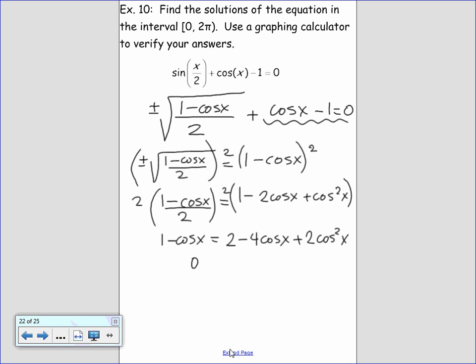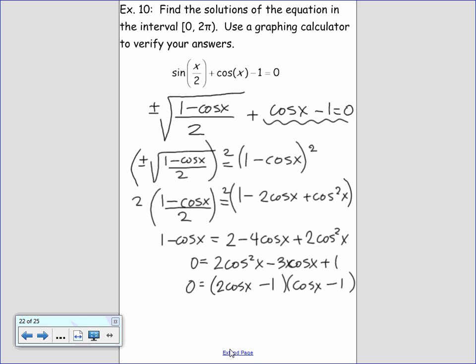If I simplify this, I'm going to make it equal to 0 because I like to factor. This is 2 cosine squared x minus 3 cosine of x, and then a plus 1. This is factorable.